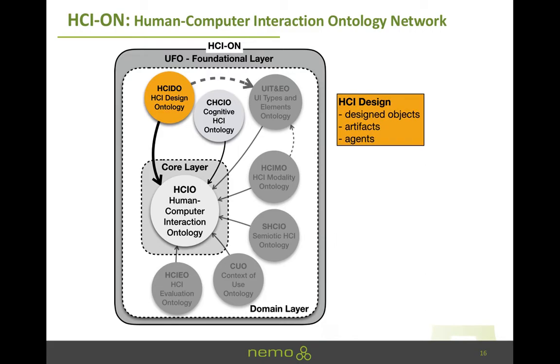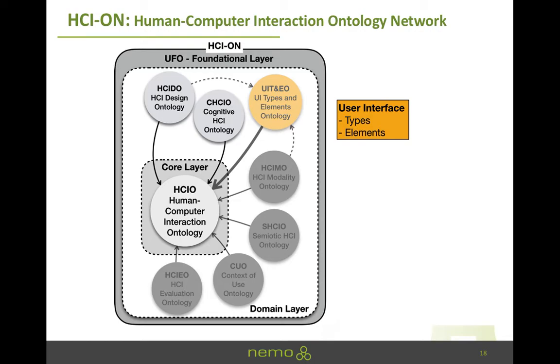We have a design ontology that covers designed objects, artifacts and agents involved in HCI design. We also have an ontology about HCI evaluation, and ontologies about the user interface, modalities of interaction, and the context of use.